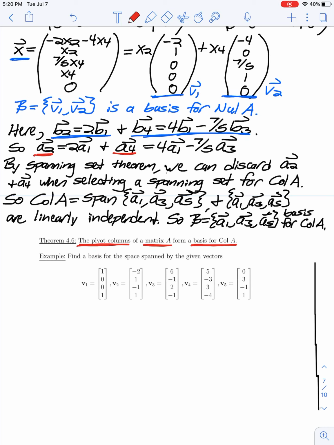And then by applying the spanning set theorem, we see that a basis for the column space of A would be the set of pivot columns for our matrix A. So generally, in order to determine the basis for a column space of a matrix, we just need to identify the pivot columns for that matrix.